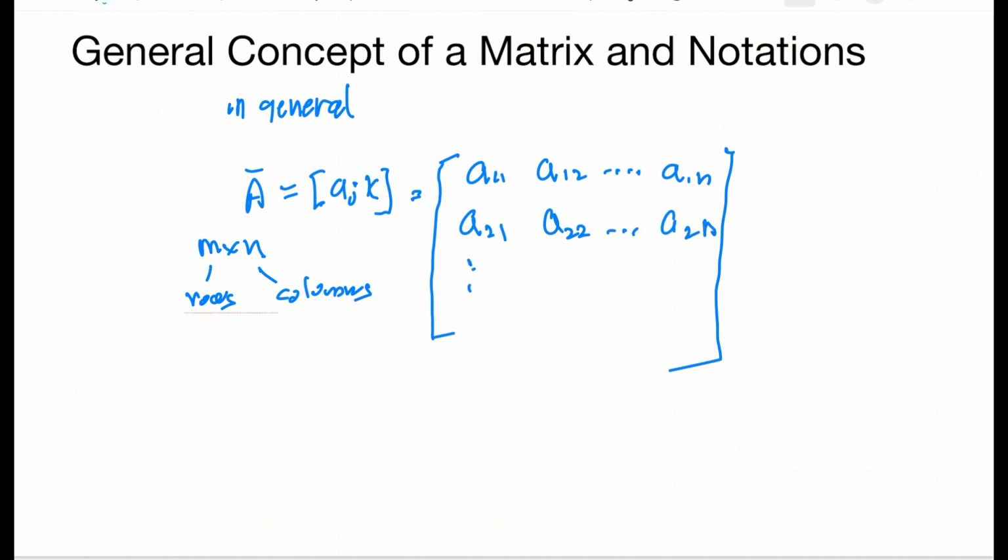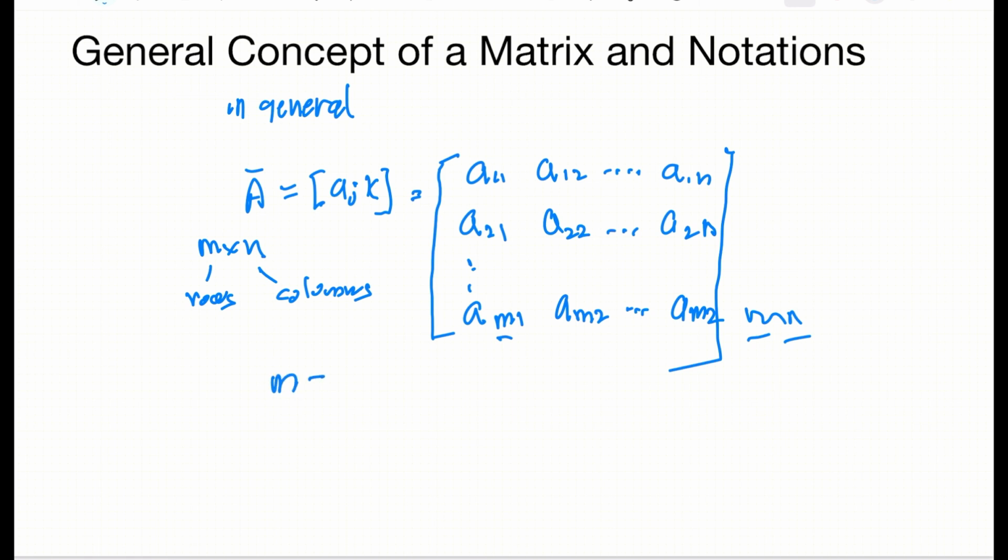And then we can just continue this down to A sub m1, A sub m2, all the way over to Amn, where M is going to be our row, so that's the mth row. And here we've got MN, M row, N column. So that's where we write that.